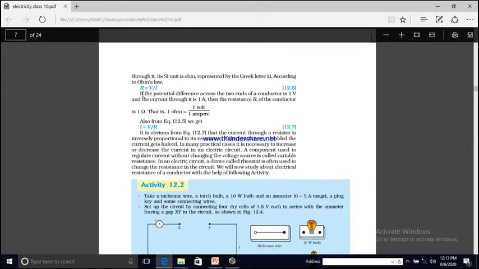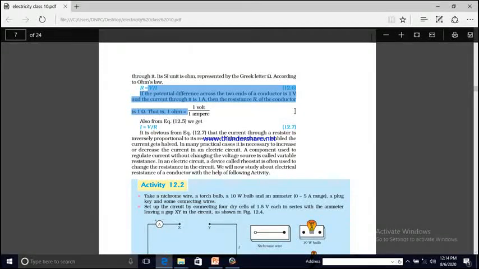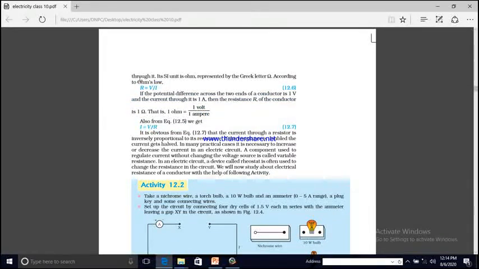Look at this sentence again. Resistance R is equal to V over I. If you supply 1 for R, then 1 is equal to 1 divided by 1. Similarly, 1 volt divided by 1 ampere is equal to 1 ohm.